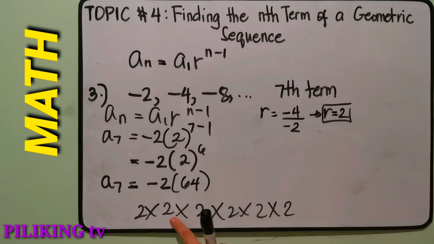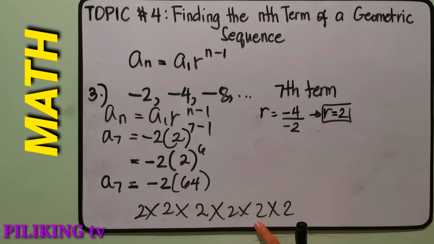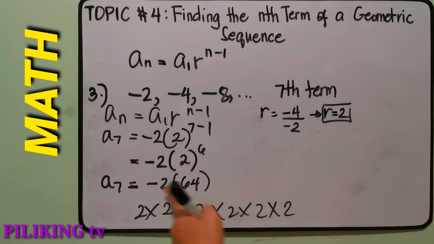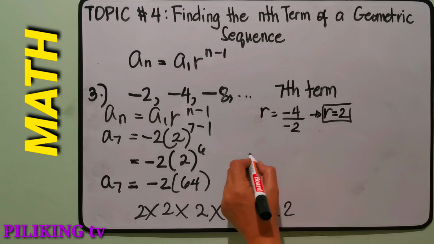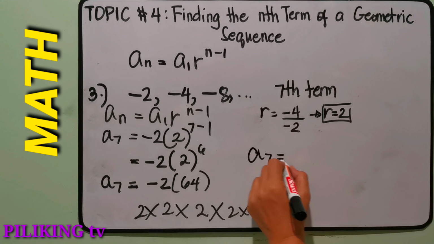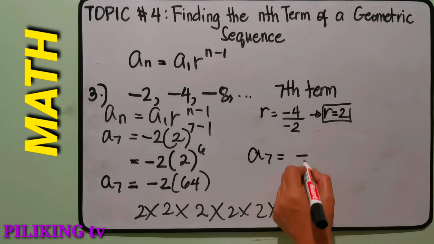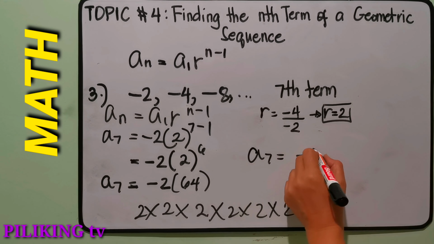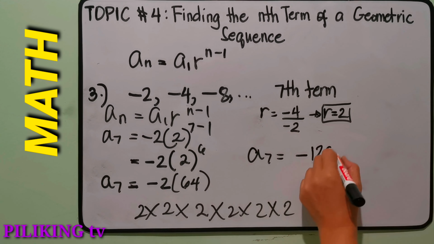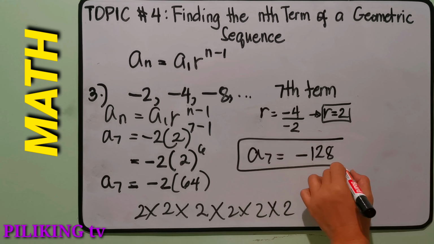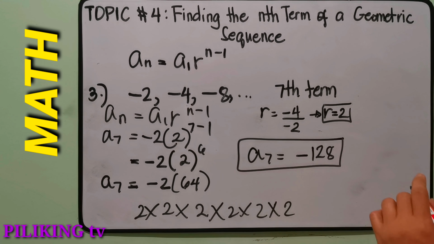So 2 times 2, 4 times 2, 8 times 2, 16 times 2, 32. 32 times 2 is 64. Then you multiply it now to negative 2. Therefore, our a sub 7 is negative, since you are multiplying different signs. Negative 128. So that is the seventh term of the given geometric sequence on number 3. Okay.